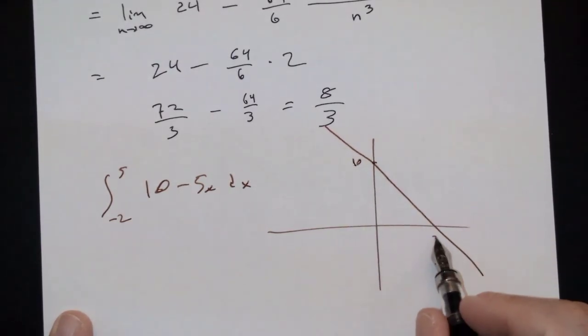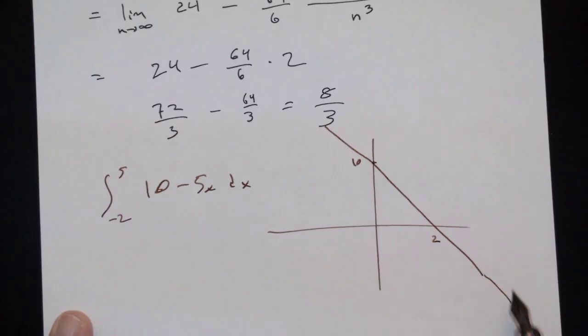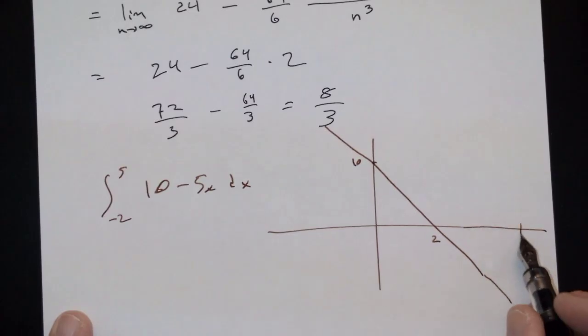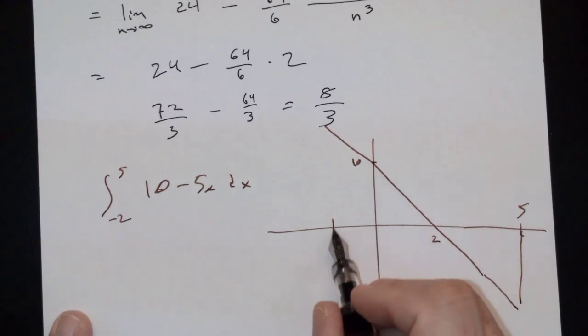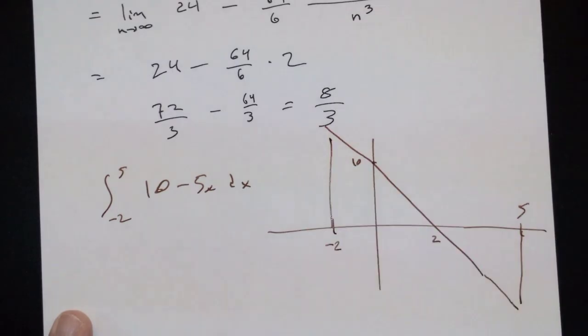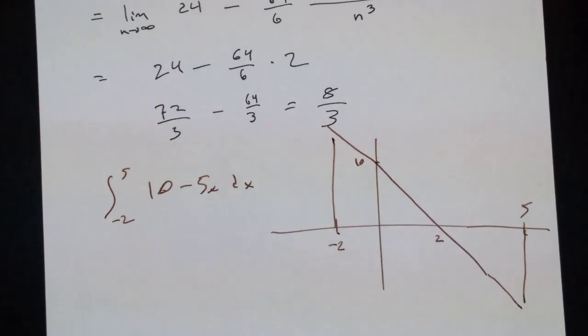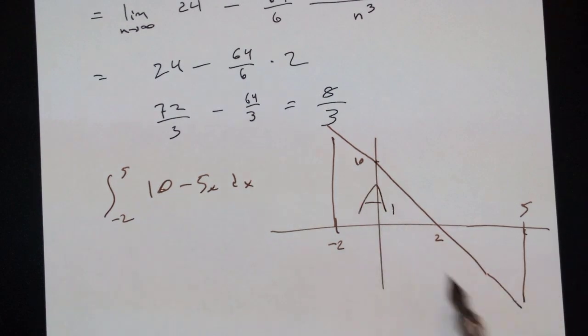It's going to go through the x-axis at 2. So somewhere out here is 5. I'm going to -2. How do you find the area that we would shade in? Oh, there's a triangle here and a triangle here. You can find the area of a triangle, can't you? Do I need to do any calculus at all? Hell no.